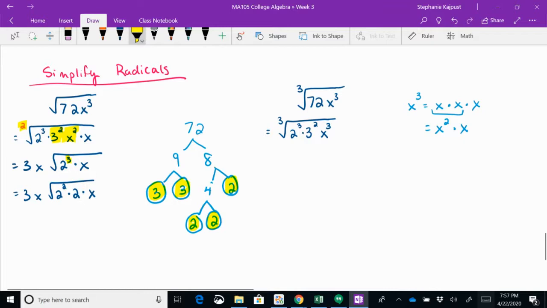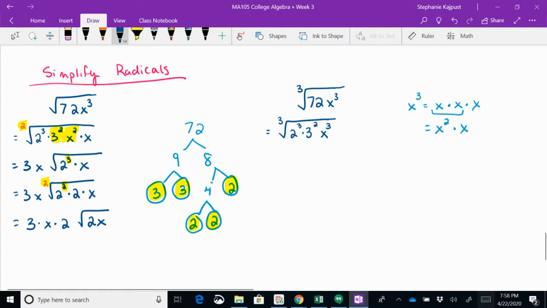So once I see that my exponent's higher, I can still split it up. It's a square root, so that means those match, I can cancel them out, and then I can pull that in front. So that's 3 times x, times a 2, and then I have my square root, and now I'm left with 2x inside there.